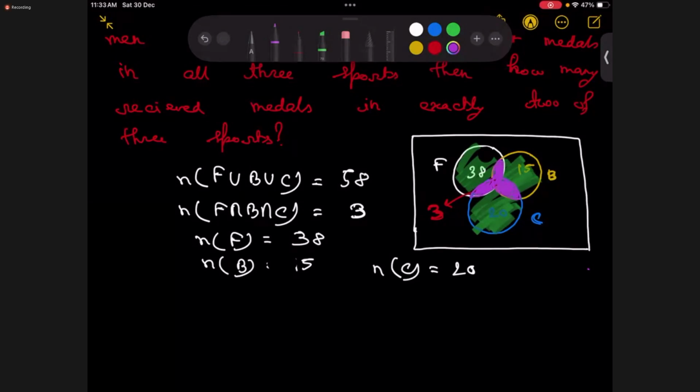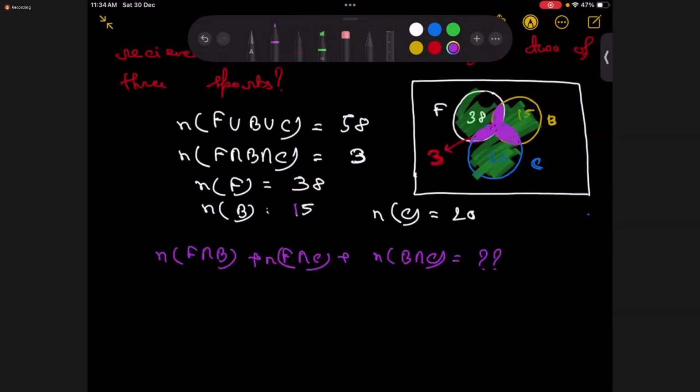So we need to find n of F intersection B plus F intersection C plus n of B intersection C. What is this number? So use the formula. We have all the information here, so we will use the formula.